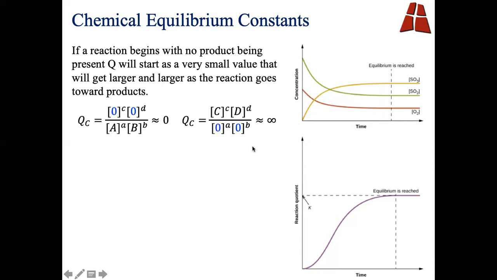Okay, and so say we started a reaction with no product being present, and since we always have our product over our reactant for our quotient here, 0 divided by anything is going to be equal to about 0, right?